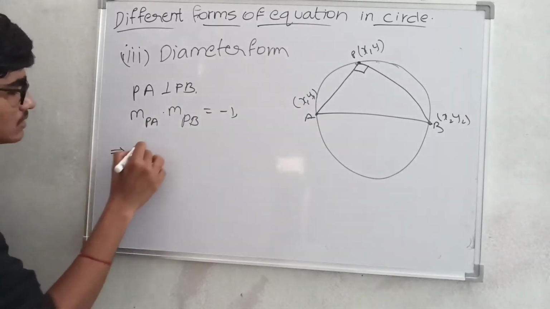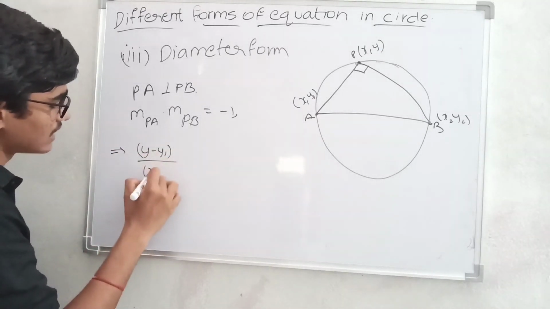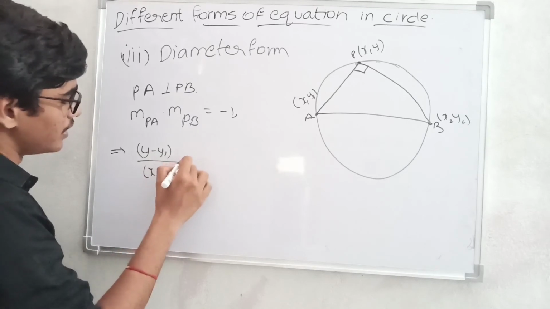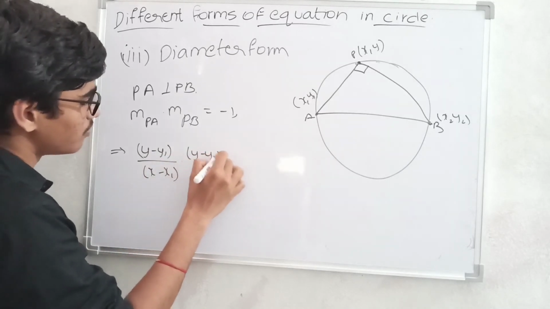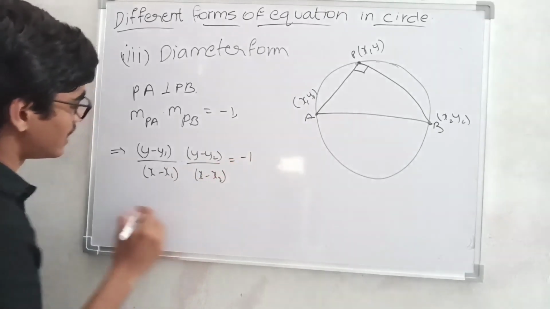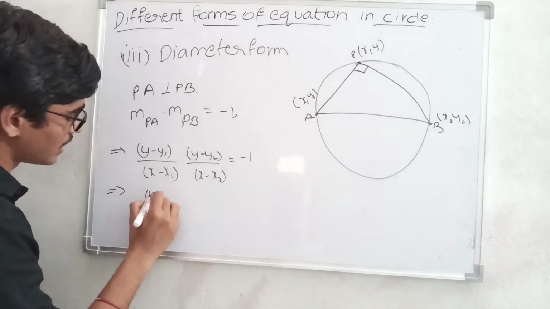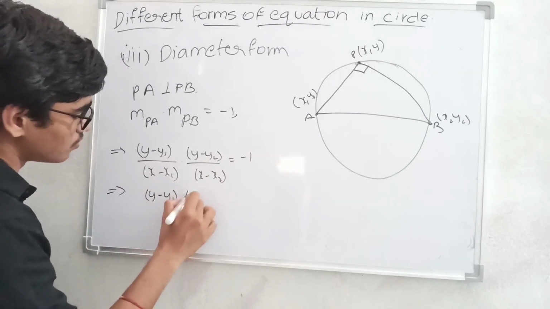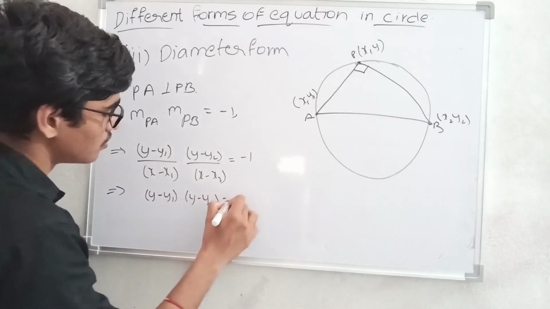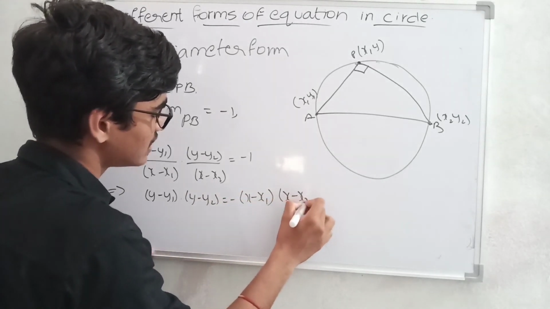We can write it as y minus y1 by x minus x1 into y minus y2 by x minus x2 is equal to minus 1. On cross-multiplying, we get y minus y1 into y minus y2 is equal to minus of x minus x1 into x minus x2.